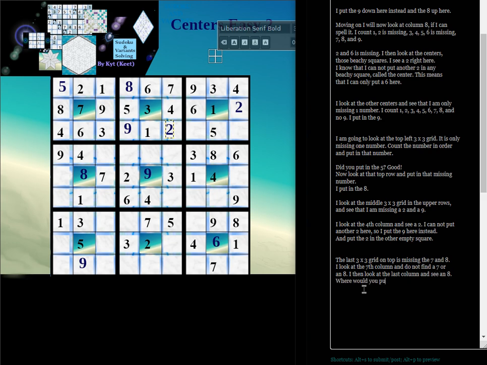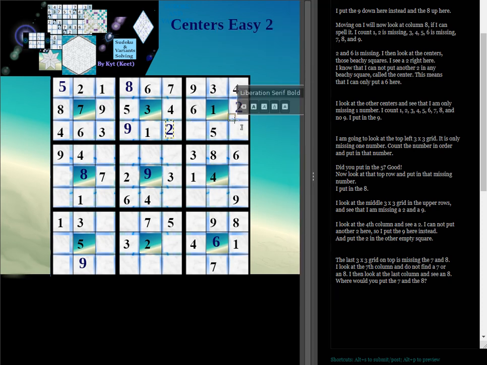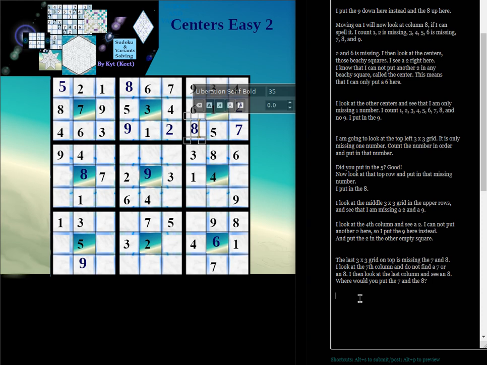Where would you put the 7 and the 8? I put the 8 in the first empty square and the 7 at the very end of the row.